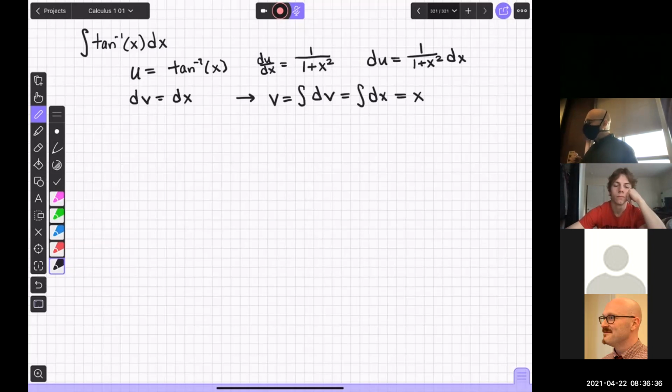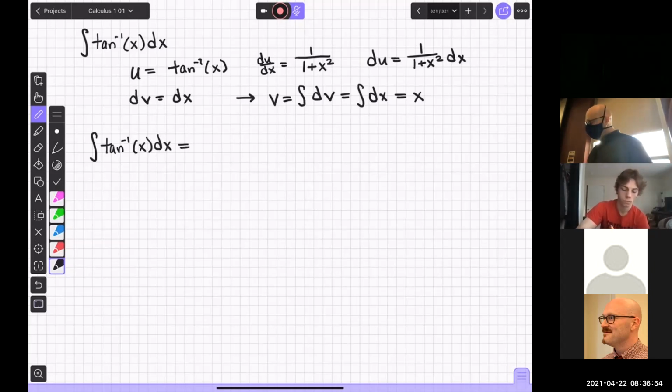Okay, so now we have all the parts because we have our u, we have our du, we have our dv, and we have our v. So let's now solve. So this is really equal to the integral of u dv, which by integration by parts is equal to uv minus the integral of v du.